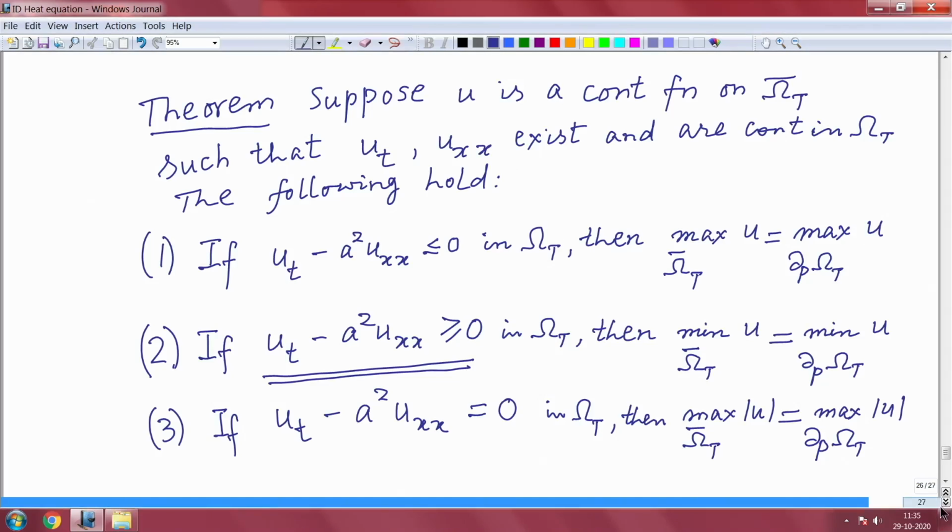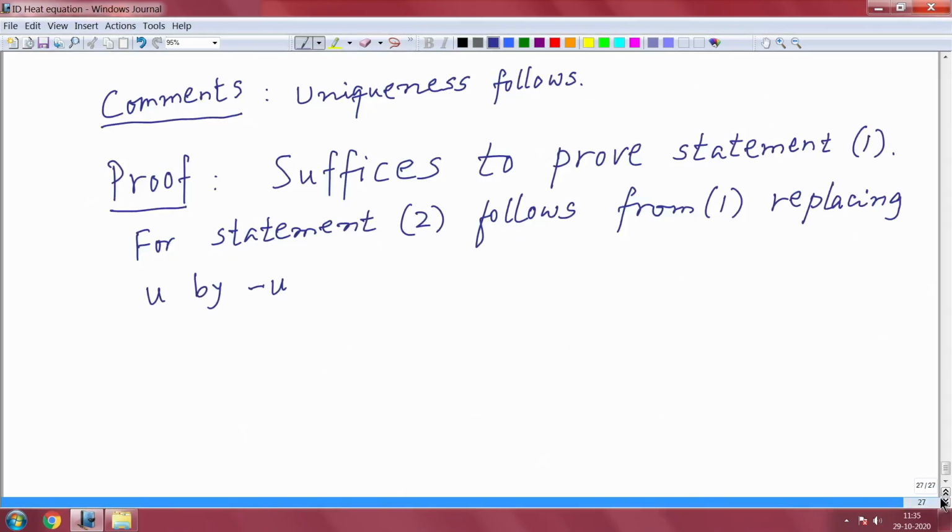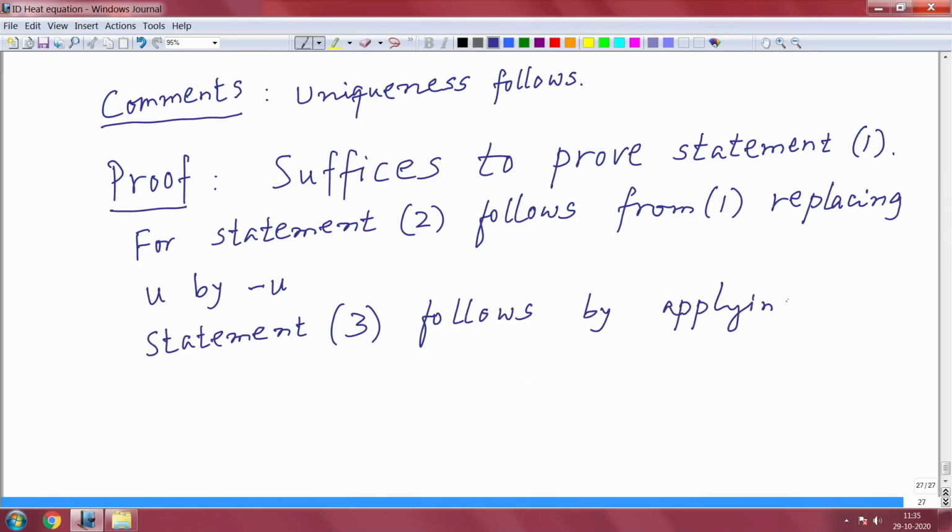And 3 follows, again statement 3 follows by applying 1, or 1 and 2 if you like, applying 1 to both u and minus u.